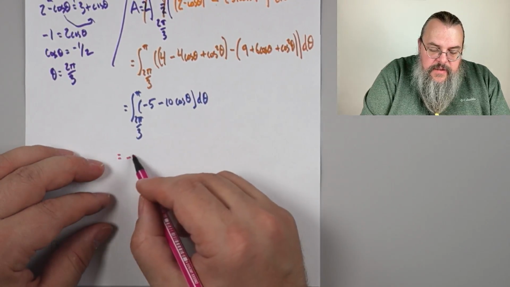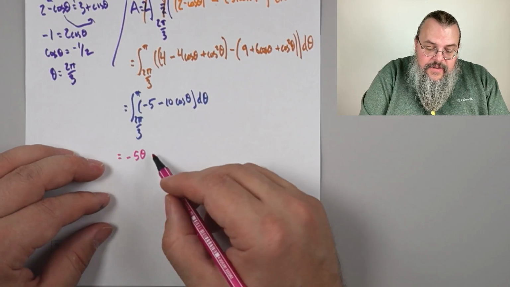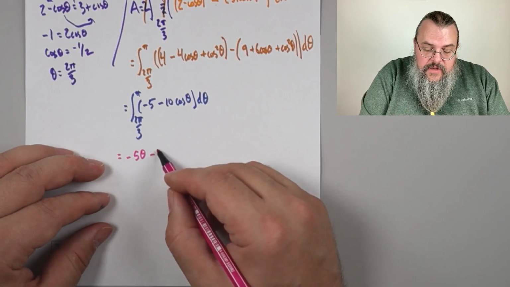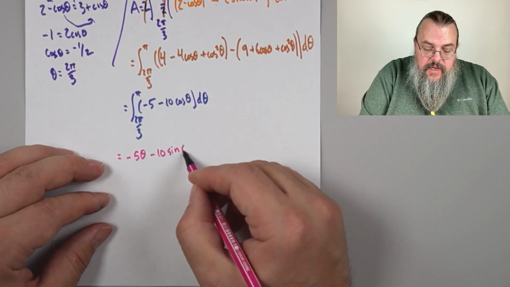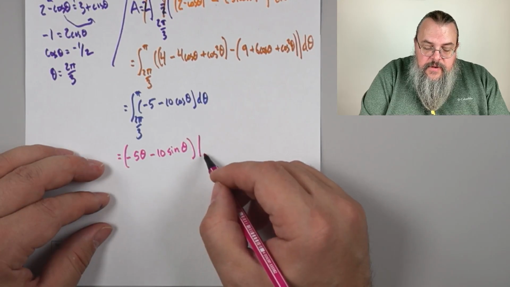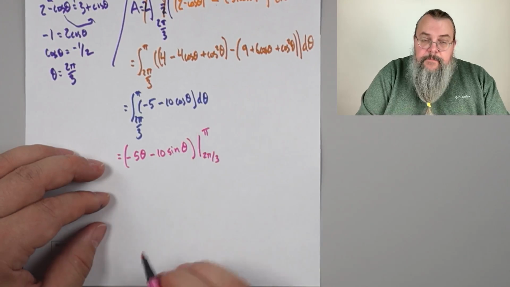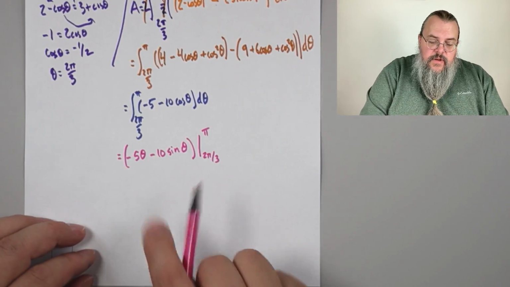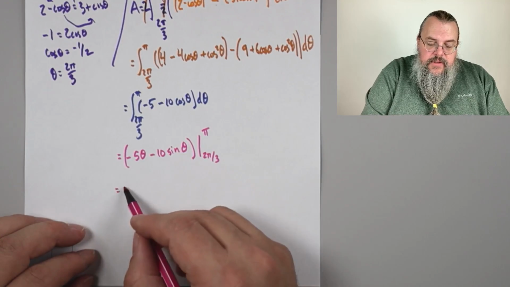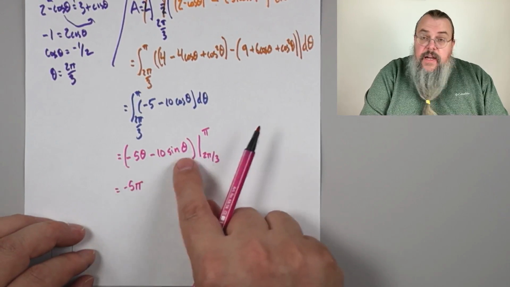So we have minus 5 theta. Integral of cosine is sine. So minus 10 sine theta. And we're going to evaluate from 2 pi over 3 all the way up to pi. All right, so we'll have a minus 5 pi, and then minus 10 sine of pi.